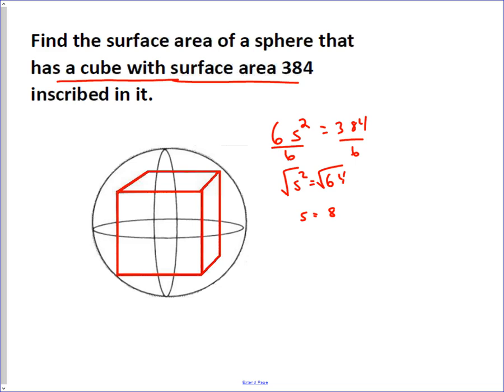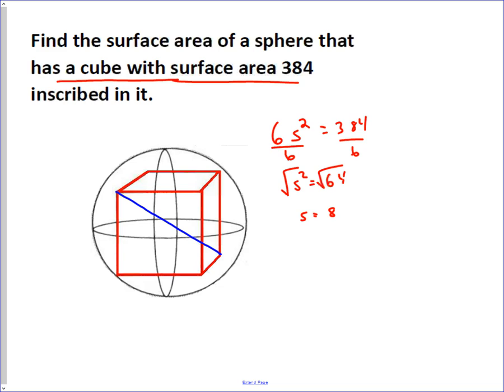But that doesn't tell us anything right away about the radius or diameter of this sphere. And it turns out that the diameter of the sphere is also what we refer to as a space diagonal of the cube. Going from one vertex to the exact opposite, both of those points are actually on the sphere, and they go through the center, and so the space diagonal is the diameter of the sphere.